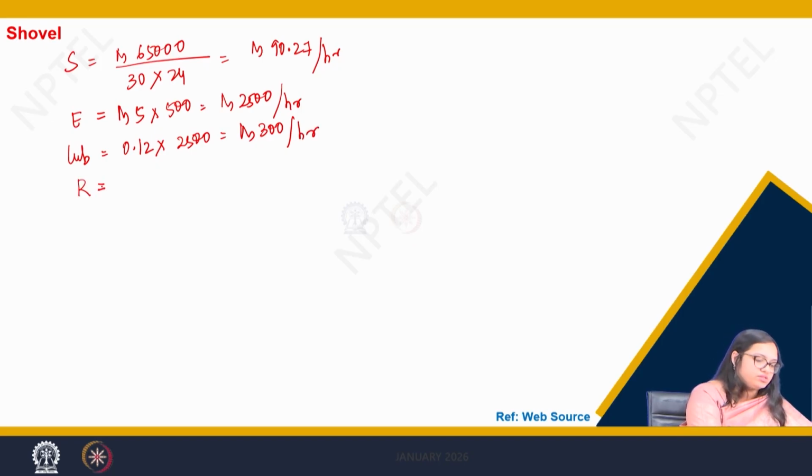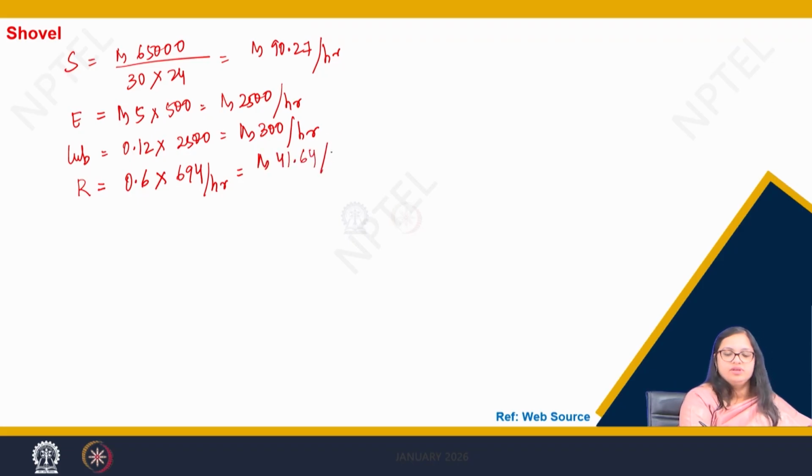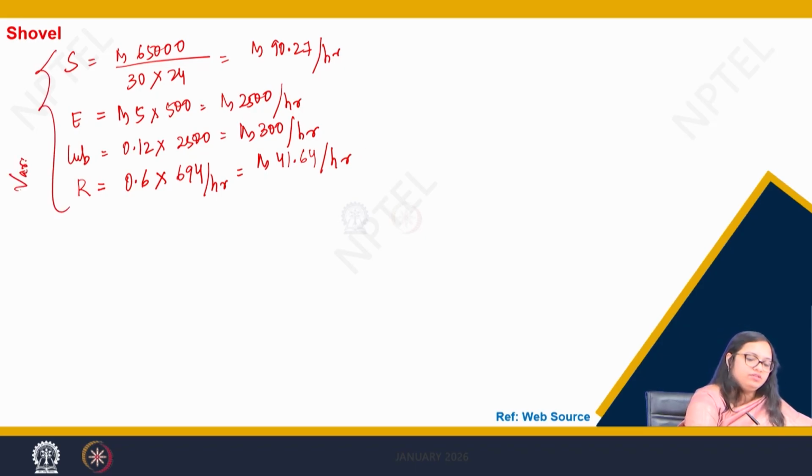Repair cost is given as 60% of the depreciation cost. So, 0.6 multiplied with the depreciation cost of 694 per hour, which is equal to rupees 41.64 per hour. So, this is now my variable cost.